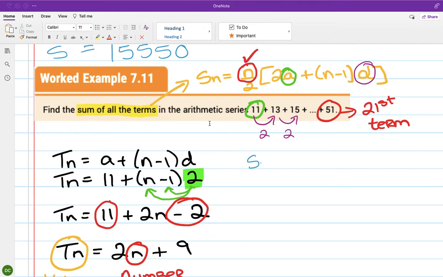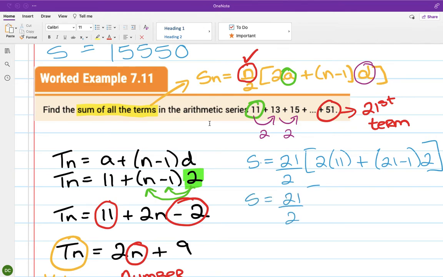S equals 21 over 2, 2 times 11 plus 21 minus 1 times 2. Bring the 2 to the front just for the calculator. So it's 2 times 11 plus 2 bracket 21 minus 1. And that should be it.